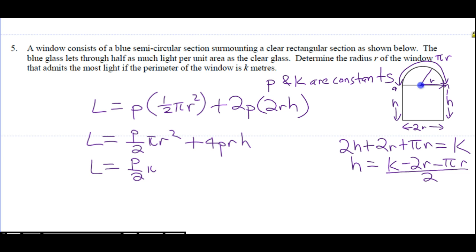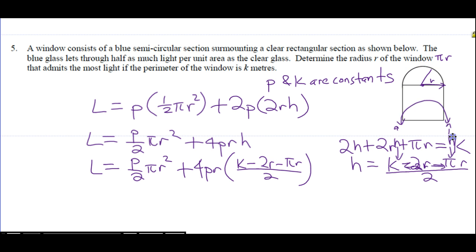So we got P over 2 pi r squared plus 4PR times K minus 2R minus pi r over 2. Oh, really? It's like, it's never easy.